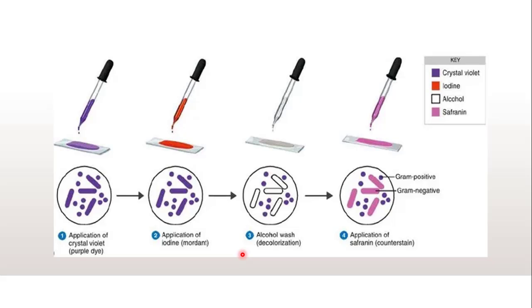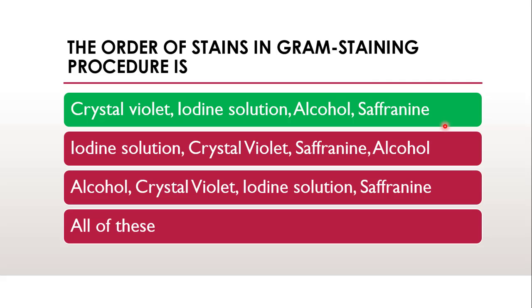The correct answer is the sequence crystal violet. First is the primary stain, then the mordant which fixes the stain, then alcohol as a decolorizer, and then the secondary stain. So the sequence which you can see is crystal violet, iodine, alcohol, safranin. So the correct answer is crystal violet, iodine, alcohol, safranin.